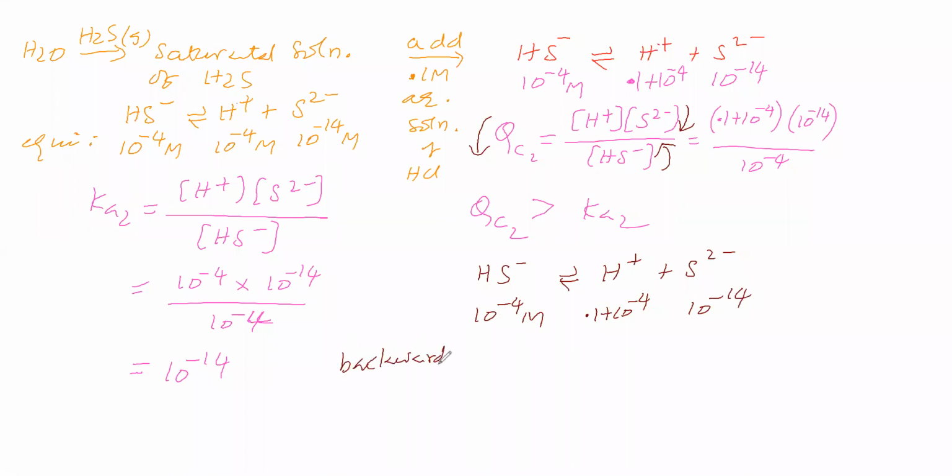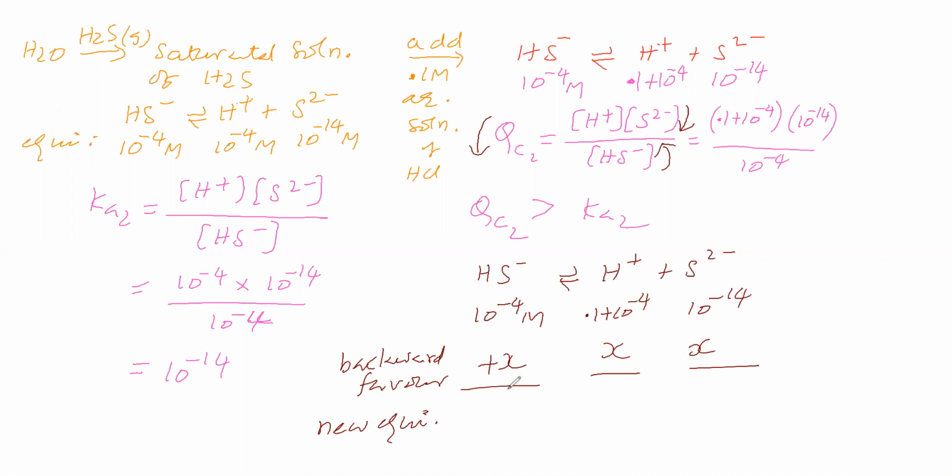The system is favoring backward. Backward reaction favored means this sulfide is disappearing some amount, H plus is disappearing some amount, and HS minus is producing some amount. Therefore, after some time, the system is attaining a new equilibrium.